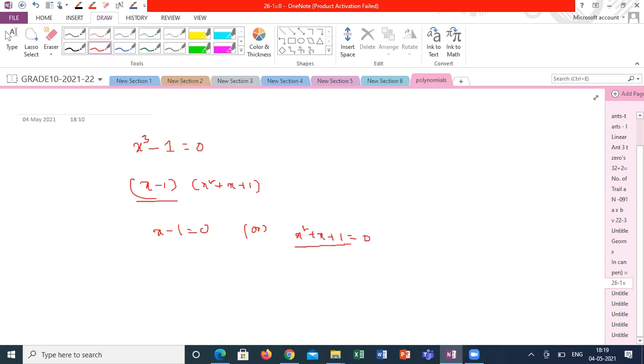If I take the graph for the second factor, it is not even touching anywhere on the x-axis, but the first can touch the x-axis at x is equal to 1. That means this expression has only 1 zero of the polynomial. Okay, sir. Its index is 3 now, so what about the remaining 2 zeros? The remaining 2 zeros are non-real numbers.